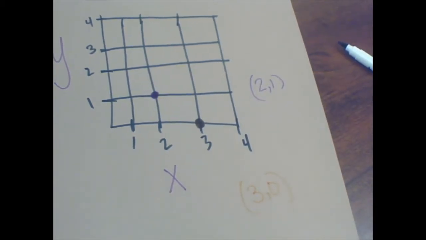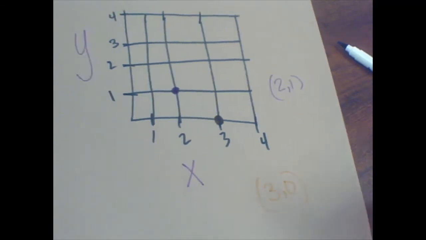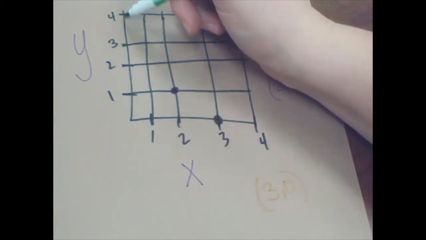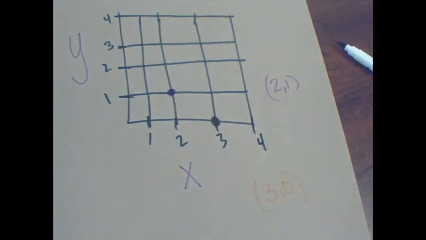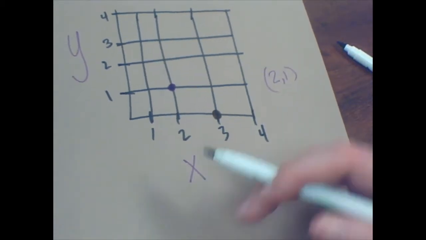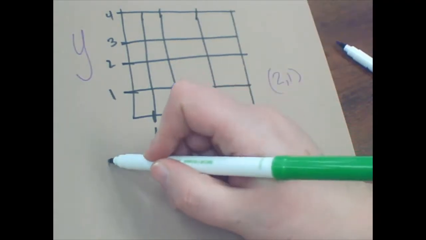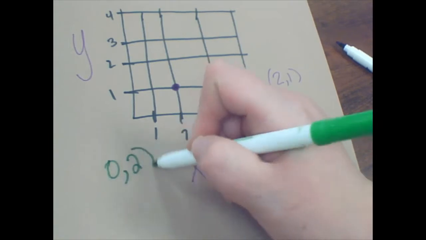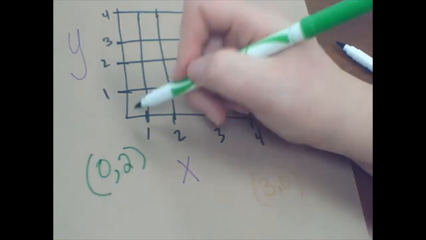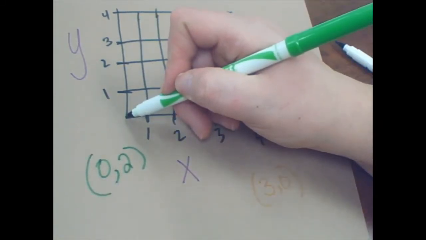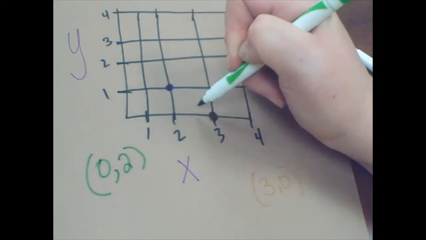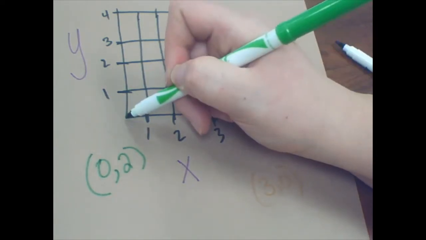So in order to have an ordered pair fall on my x-axis line, the y needs to be 0. Now, let's say I want an ordered pair this time that falls on my y-axis line. If I want it to fall on my y, my x this time is going to have to be 0. So if I start here at the origin, and my x is 0, can I move over at all? No, I can't. I'm stuck there.